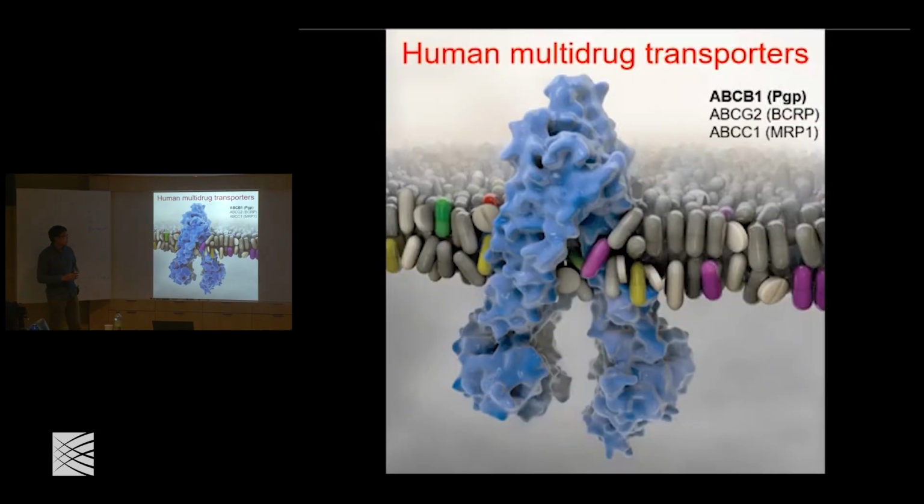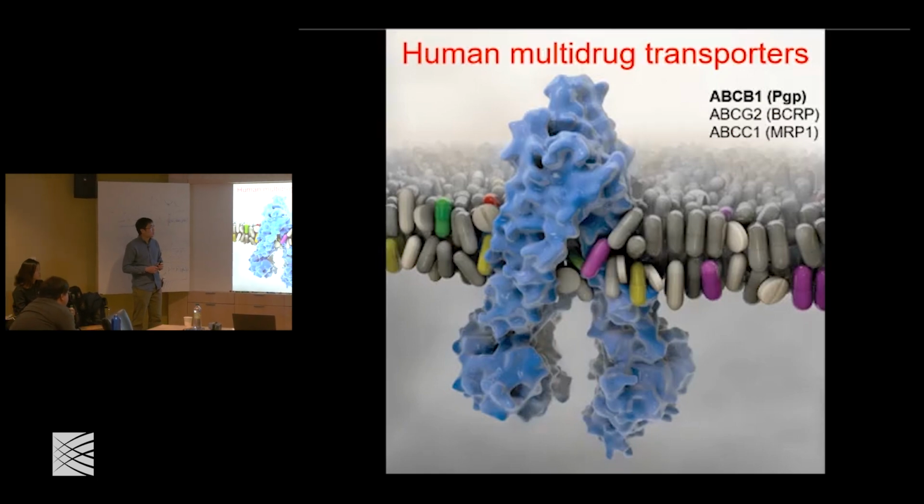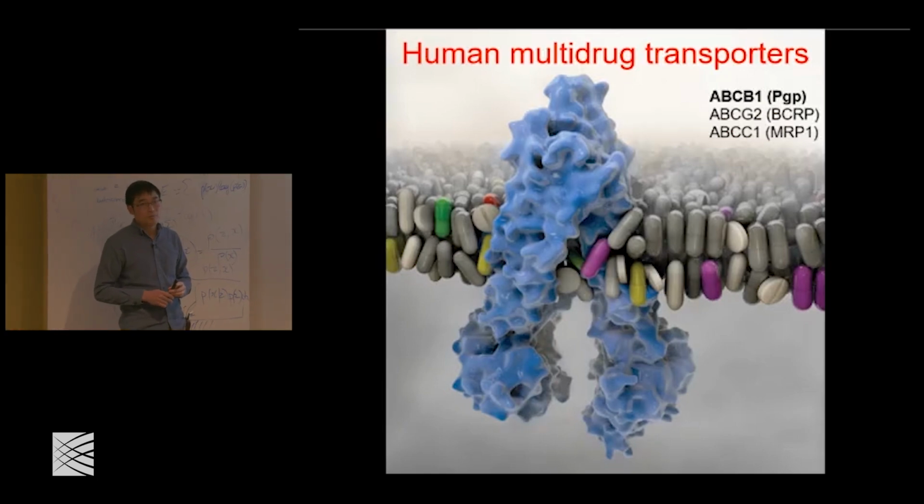So that will be the final part of the talk, to tell you a little bit about our current study on human multi-drug transporters. In cancer therapy, there is a phenotype called multi-drug resistance.